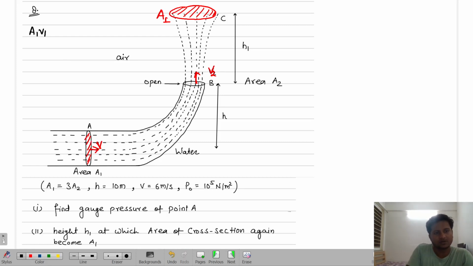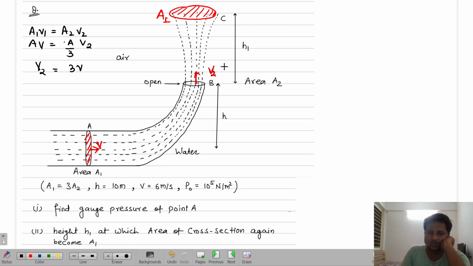A1 V1 is equal to A2 V2. A1 is A, V1 is V, A2 is A by 3, and velocity V2. So V2 is thrice of V, isn't it?